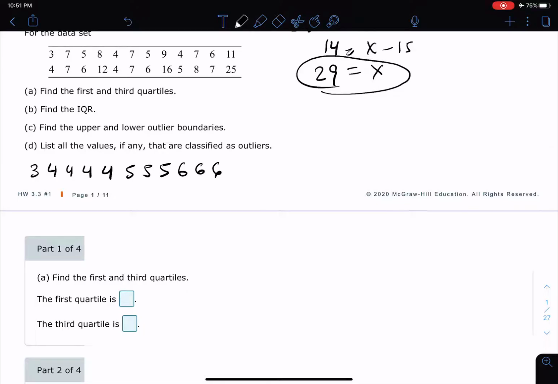And then 1, 2, 3, 4, 5, 6 sevens. A couple of 8s. A 9, and then 11. A 12, a 16, and 25.